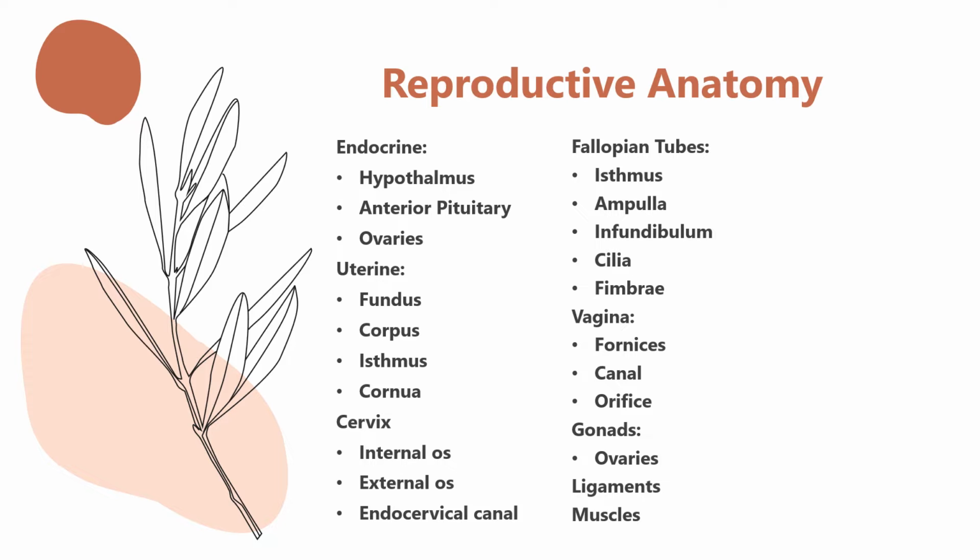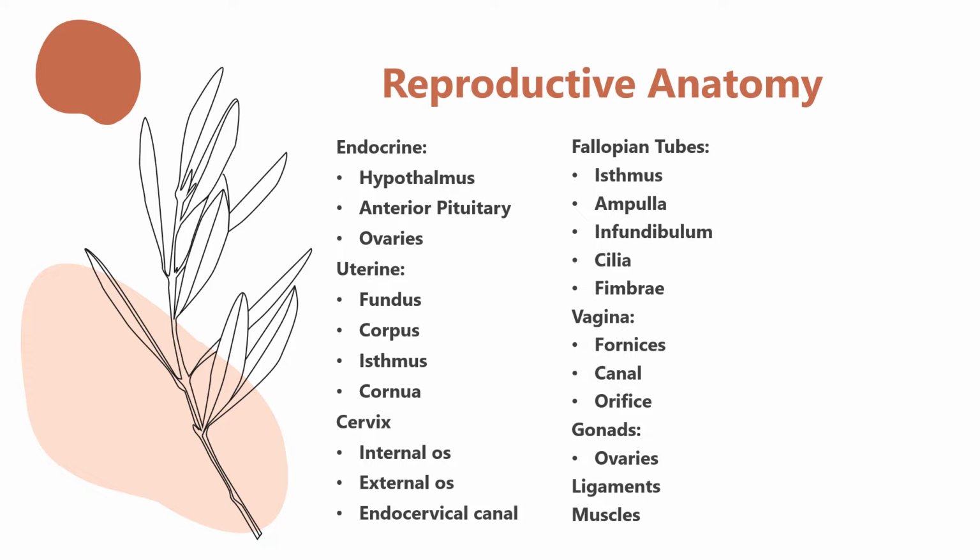The endocrine organs we're going to pay the most attention to are our hypothalamus, which is located up in our brains, our anterior pituitary, which is located just anterior to the hypothalamus and sits in what we call the sella turcica, and then our ovaries, which act as not only our gonads, but actually as endocrine glands as well because of their release of progesterone and estrogen.